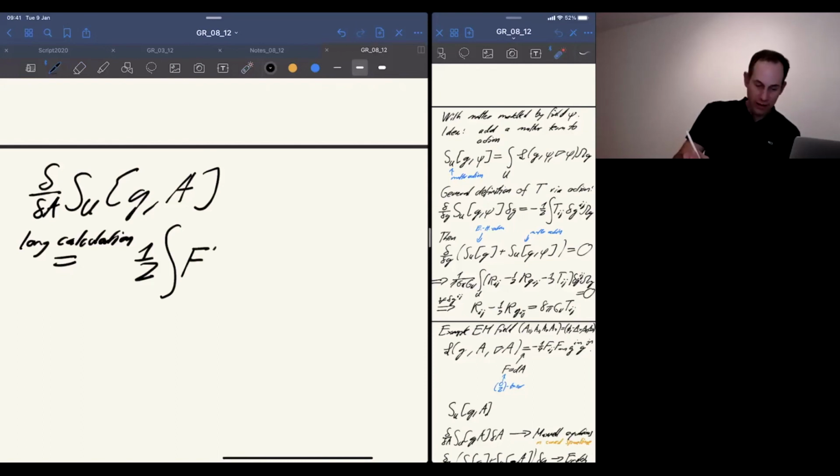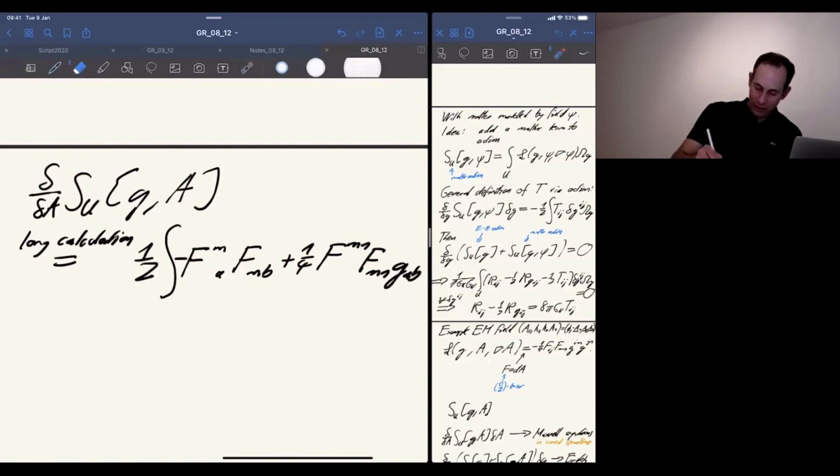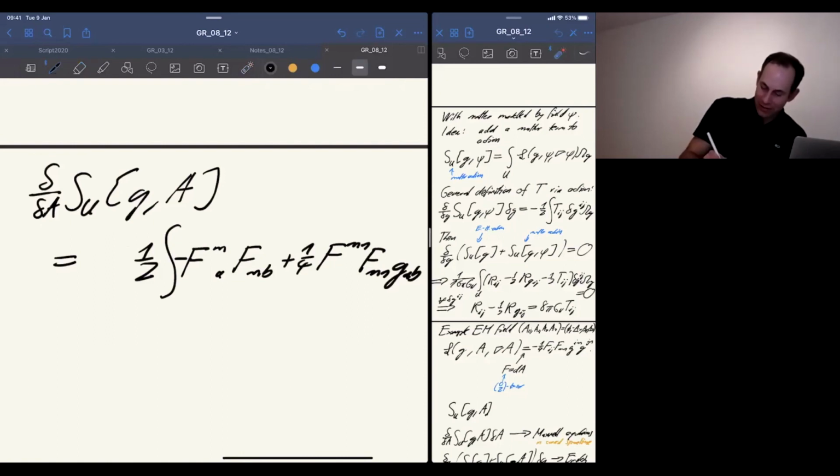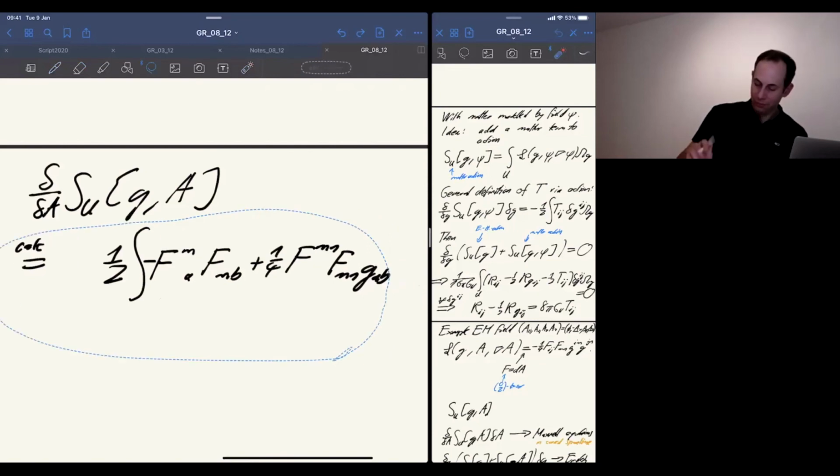It has here F_{μα} F_{νβ} g^{αβ}, where μ is just a summation index. Actually, there's a minus sign here, plus 1/4 F_{μν} F^{μν} g_{αβ}. Yeah, actually, the calculation is not that long. Let me just say calculation. This has the advantage that I need less space here and can shift the whole thing over. So there's some calculation you have to do.